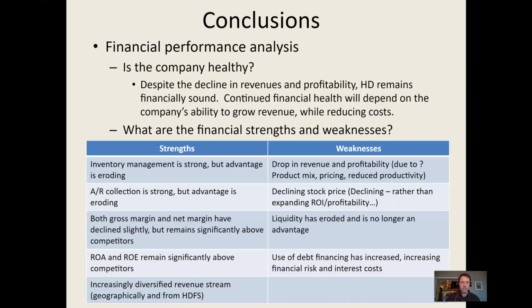So some conclusions, and then we'll wrap this up. Is the company healthy? Well, despite declining revenues and profitability, they are financially sound. And there's some question about that continuing, if they can grow revenue while continuing to maintain or hold costs.